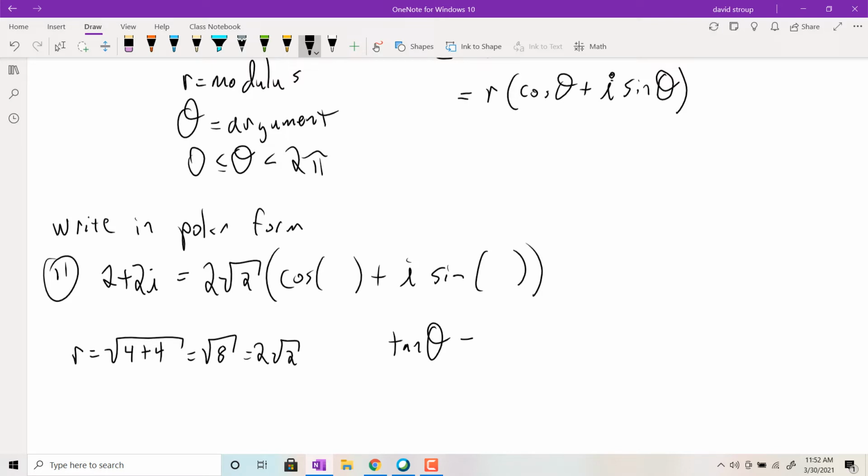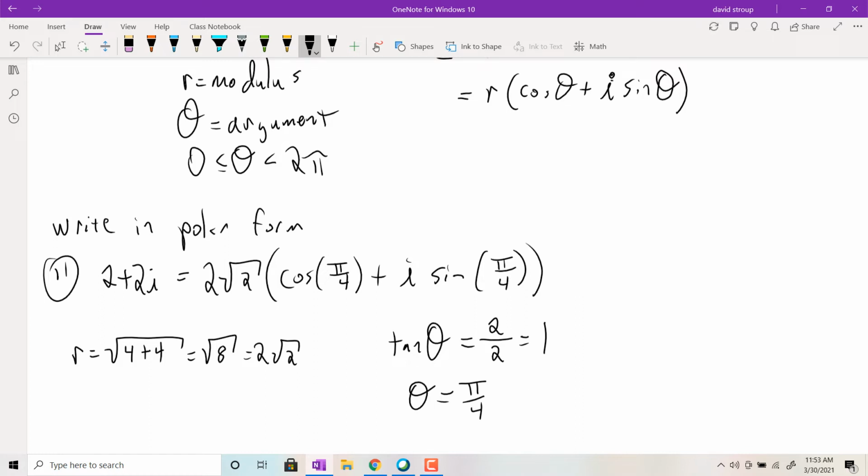So tan of theta equals the b value over the a value. So 2 over 2, which is 1. And then we want to take tan inverse on both sides. And basically, the reference angle that gives you 1 is pi over 4. It's definitely in between 0 and 2 pi, so we can wedge pi over 4 in here and over in here as well.